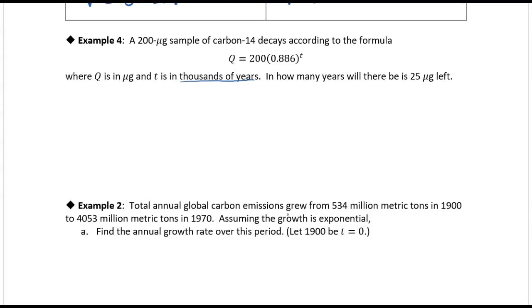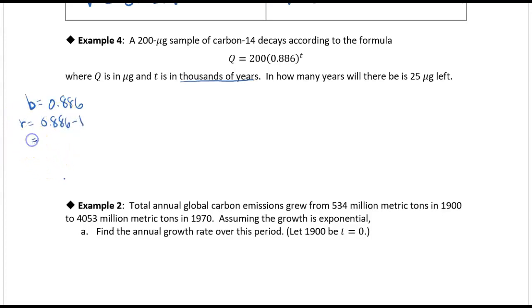Now, just as an aside, let's first of all look at what is the decay rate of this formula. Okay, so we have basically b is equal to 0.886. So that means that r is equal to 0.886 minus 1.